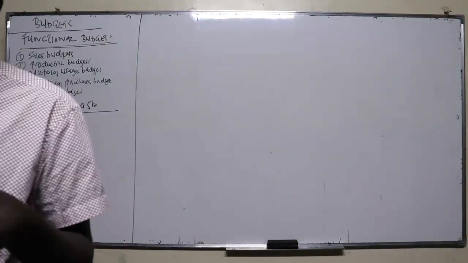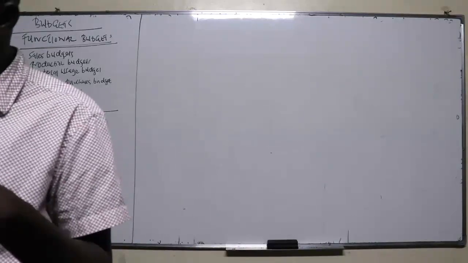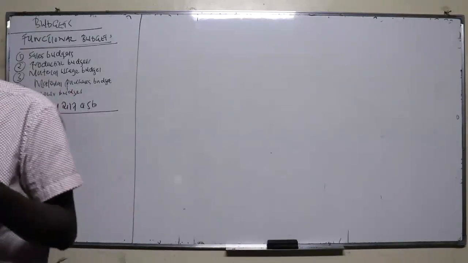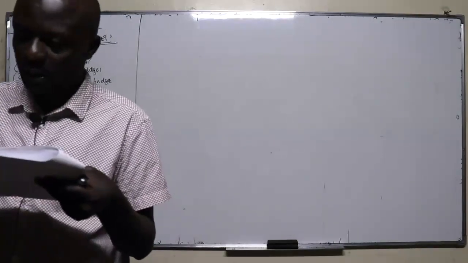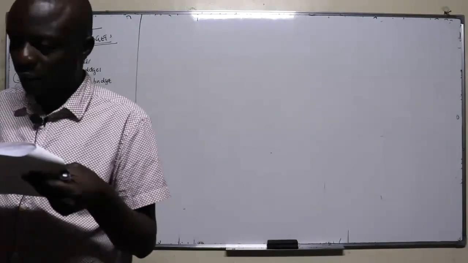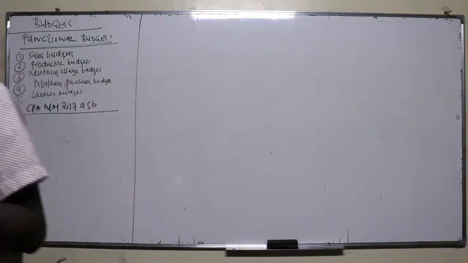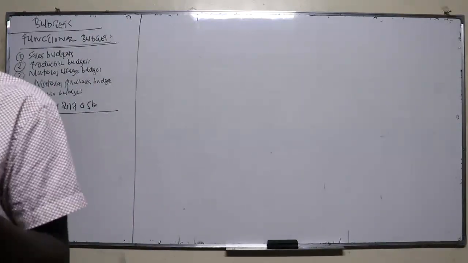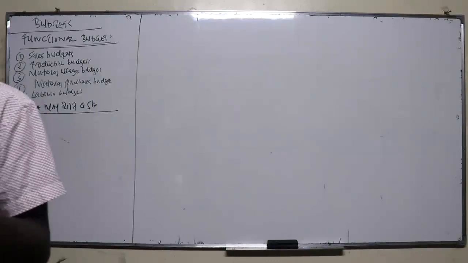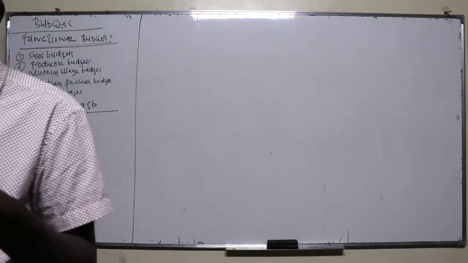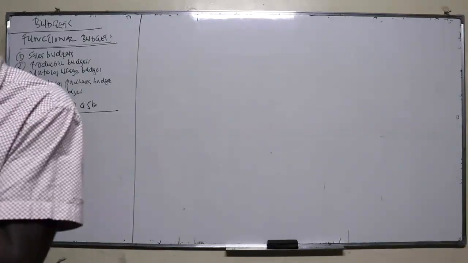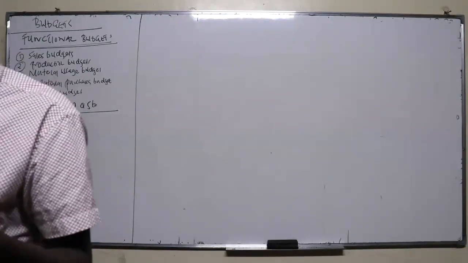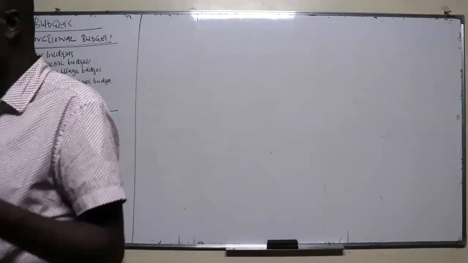Number 6, the company plans a reduction of 50% in quantity of finished goods at the end of the month and an increase of 25% in the quantity of each input component required for the month of June 2017. Required: number 1, sales budget; number 2, production quantity budget; number 3, material usage budget; number 4, material purchases budget; number 5, direct labor budget and budgeted income, the budgeted profit and loss account.